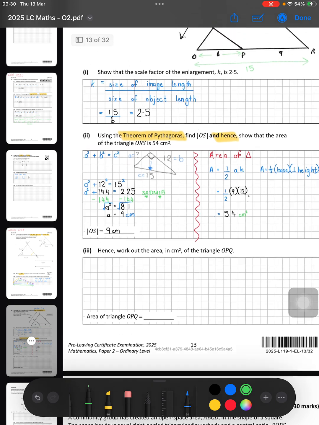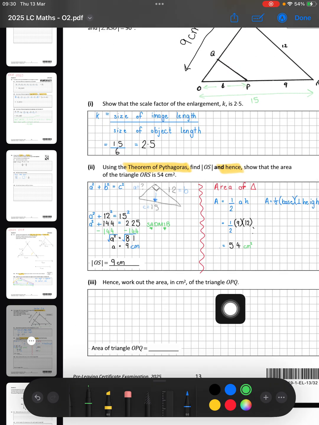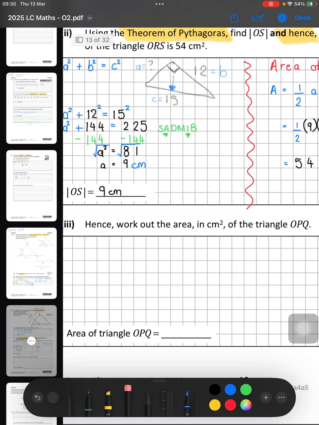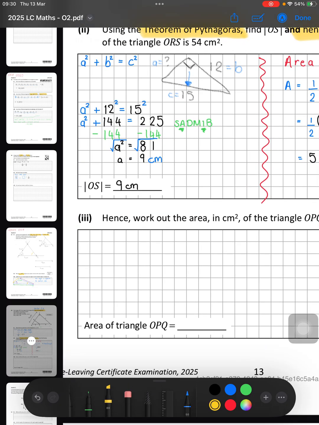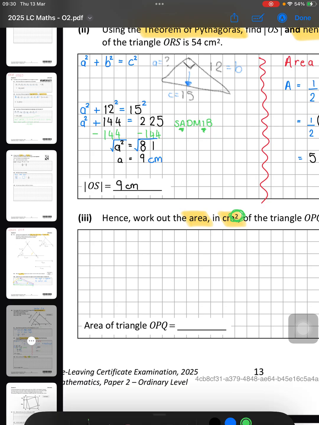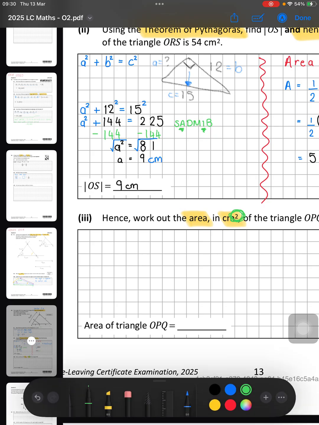Then it says, hence work out the area in centimetres squared of the smaller triangle, the original triangle. Remember how we use our scale factor? When we're looking at length, you just multiply or divide by the scale factor. Here it's area we're looking at, centimetres squared. We put a lot of emphasis on that squared part when we were looking at scale factors in class. When the units are squared, the scale factor also has to be a squared scale factor.